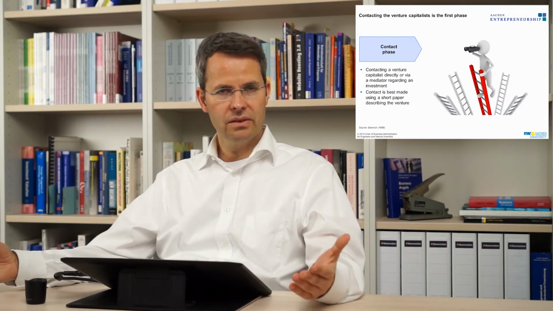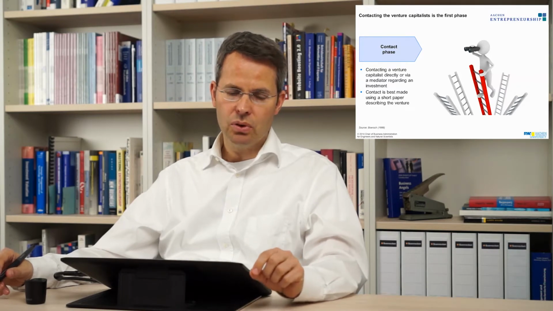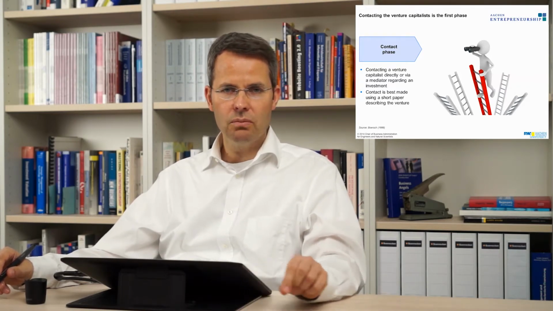With the contact phase. Basically, what you do is you have to contact the venture capitalist either directly or indirectly. It's probably better to do that indirectly via a person who has a good contact into the venture capital scene. This is, if we go back to that, why it is important to have the right business angels with the right network on board.